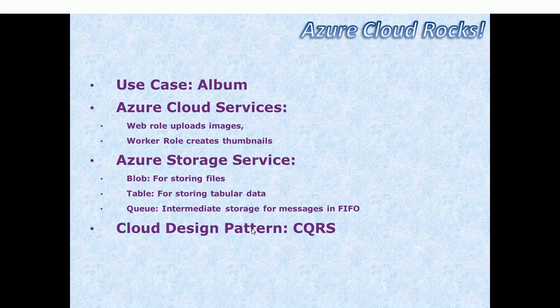And the second type of storage that is available in Azure Storage Service is table. An Azure table is for storing tabular data. If you are familiar with RDBMS, Relational Database Management System, you would know what a table is, and a table is comprised of rows and columns. But the Azure table is slightly different from RDBMS.